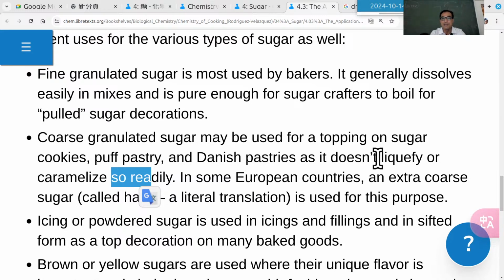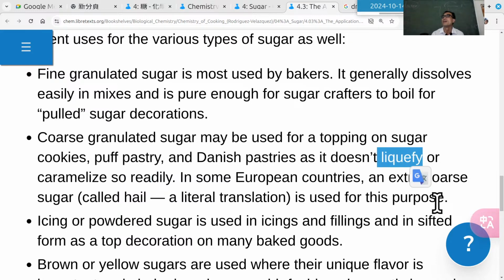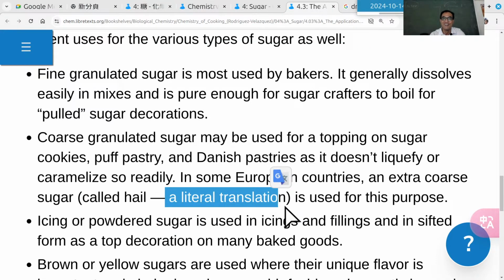Okay, what does it mean, liquefy? Originally, it should be solid, and it becomes liquid. We call it liquefy. It doesn't liquefy when used enough. In some European countries, an extra coarse sugar called hail sugar, literal translation, is used for this purpose.